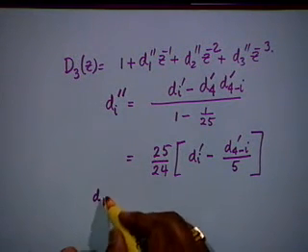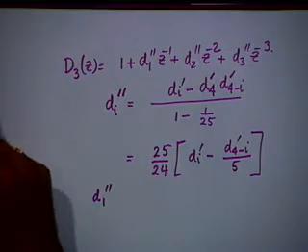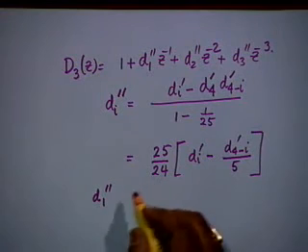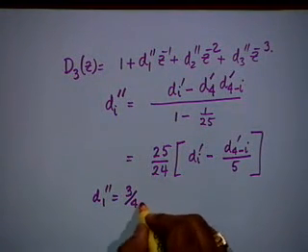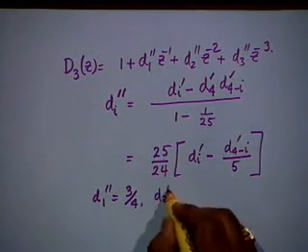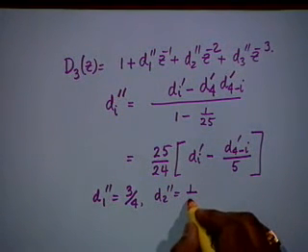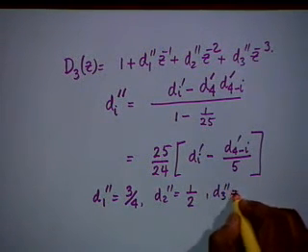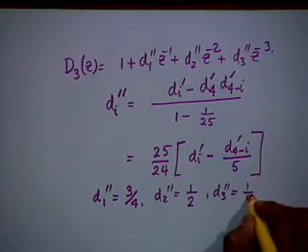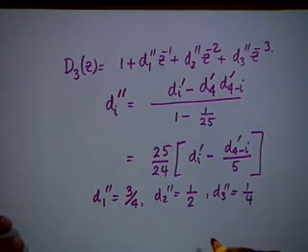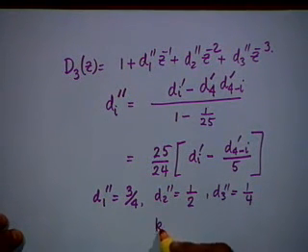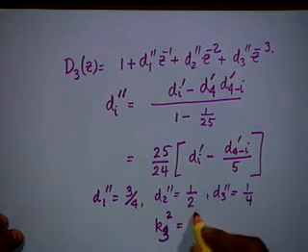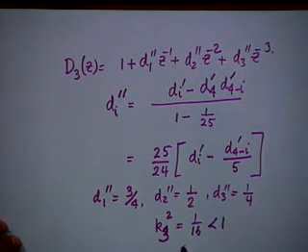My calculation gives d1 double prime is equal to 3/4, d2 double prime is equal to half, d3 double prime is equal to 1/4, and that's it. Therefore, K3 squared, which is 1/16, is less than 1.